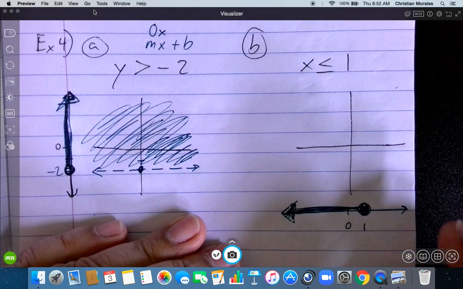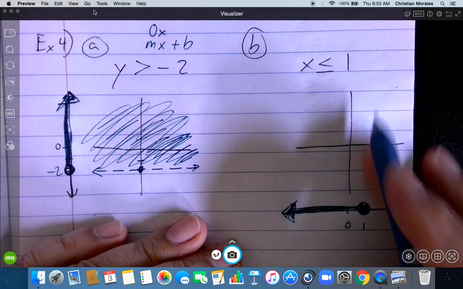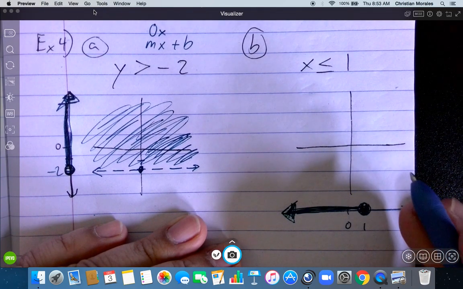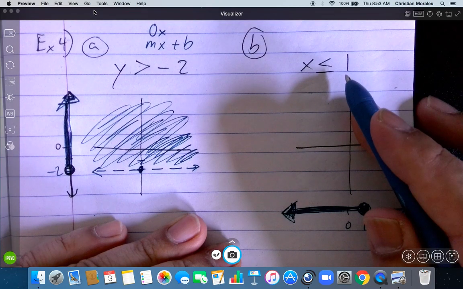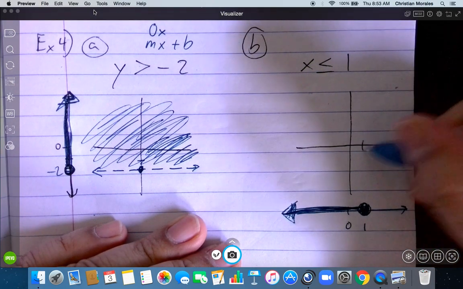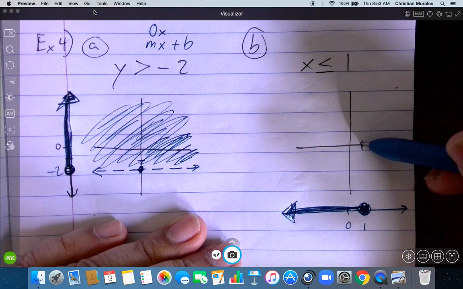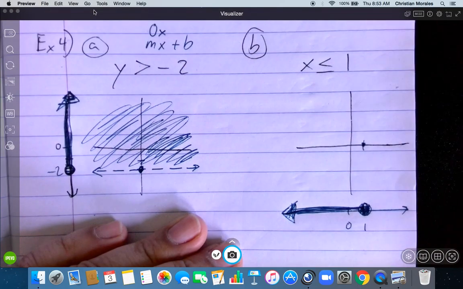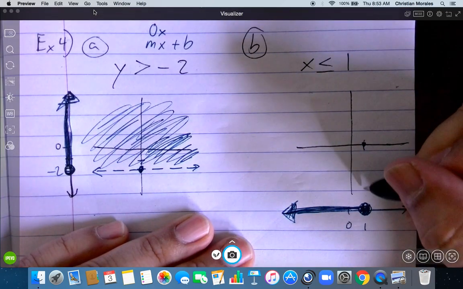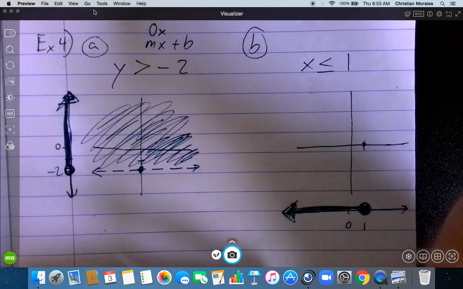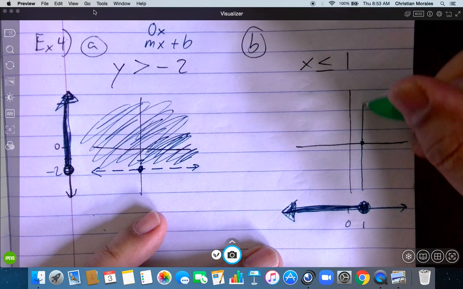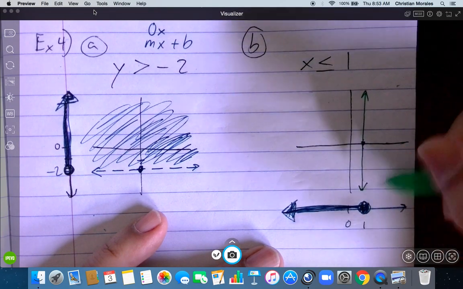All right, now, how do you do that on here? You're going to mark your x-axis at 1 right here. Your line is going to go through this point, and it's going to be a vertical line. You're going to draw a vertical line that goes through x is 1.